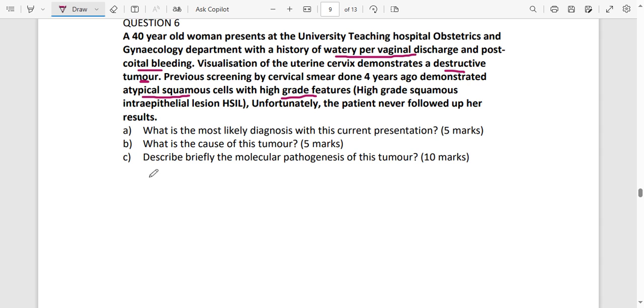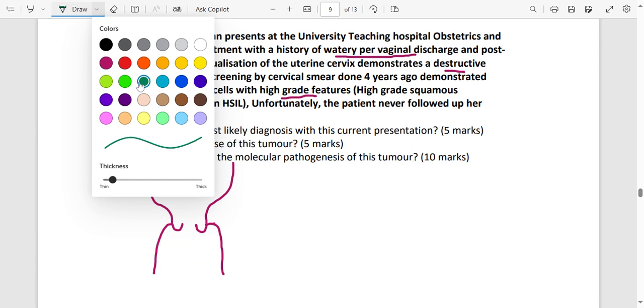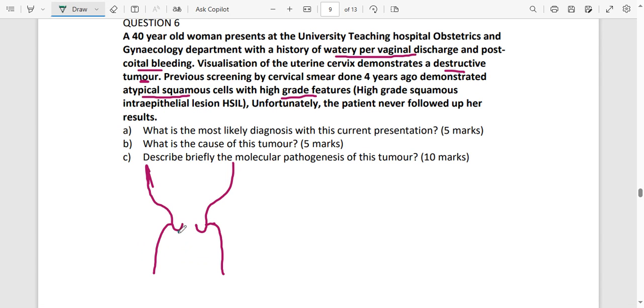Here is the uterus. We know the end of the uterus is going to be the cervix. And then you are going to have the vagina here. When you look at the cervix, you have got this junction, the squamocolumnar junction, where the inside of the cervix has got columnar epithelium.